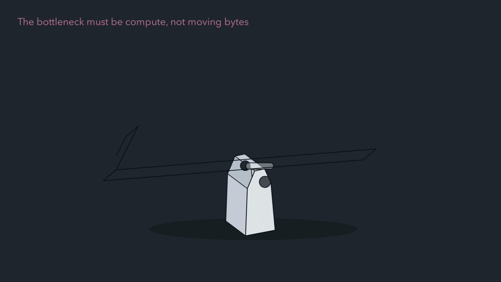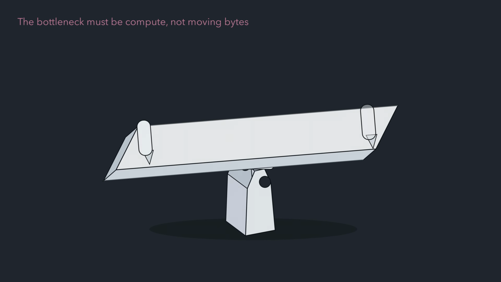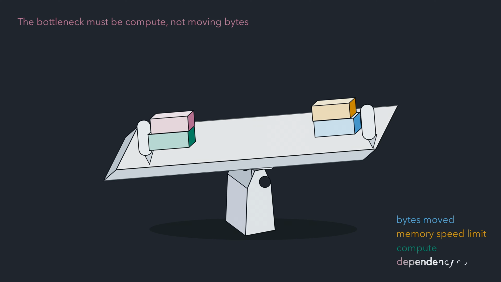We can imagine a scale. On the right are boxes for memory cost. The memory speed limit, how quickly memory can be transferred, called the bandwidth, and the amount of memory needed to be moved for the routine.